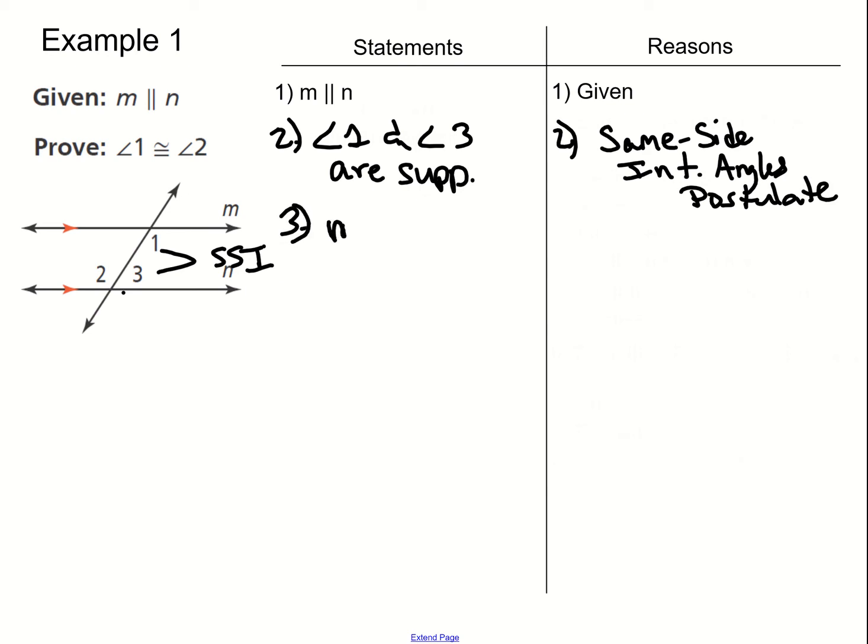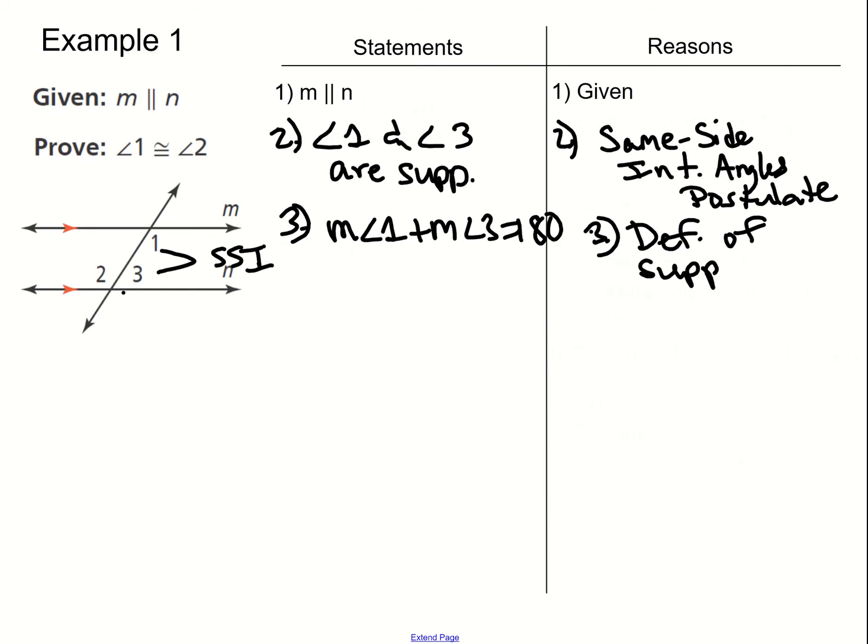So that's going to be our next statement: the measure of angle 1 plus the measure of angle 3 is equal to 180 degrees. And for our reason, the reason for that is the definition of what it means to be supplementary. The definition of supplementary angles is that they add up to 180. So we'll say that this is the definition of supplementary angles.